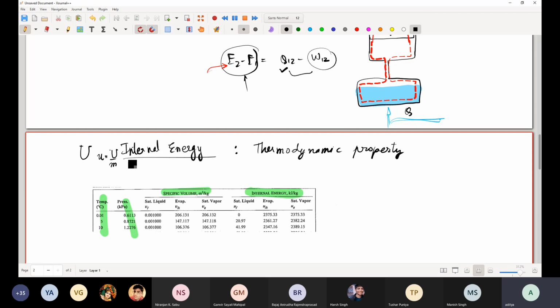Okay, and U is an intrinsic property of the system. So why do we say that E is not a thermodynamic property? E is not a thermodynamic property because you have the kinetic energy, the potential energy, and you have half mv square.